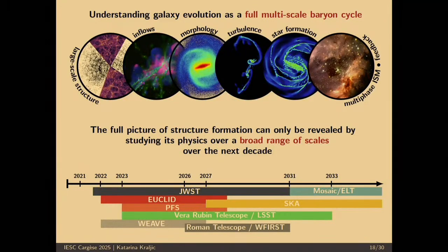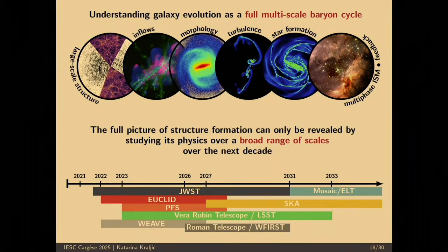Okay, so here this is just a sort of a summary picture showing that I hope that you are now convinced that if we really want to understand formation and evolution of galaxies, and have the full picture of it in this multi-scale baryon cycle, we need to consider really all of these processes across all the scales.